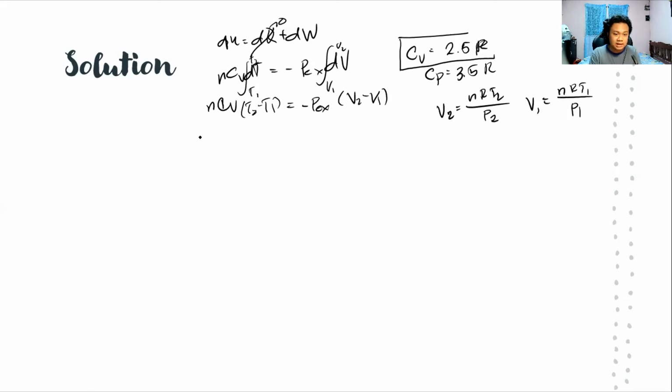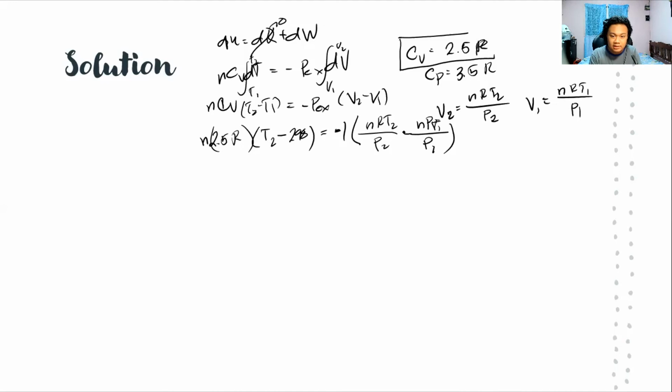So let's substitute that here. We have n Cv. Let's substitute that: 2.5 R, then T2, which we don't know yet, minus T1, which is 298, and then we have negative 1 atm for the P dV. So negative, then 1 atm. And then substitute these values here: nRT2 over P2, nRT1 over P1.